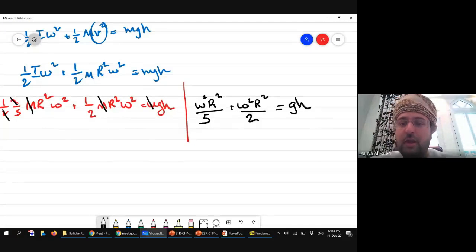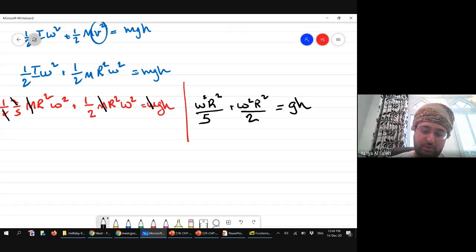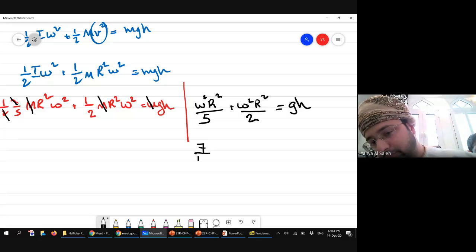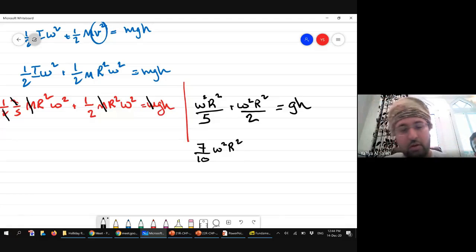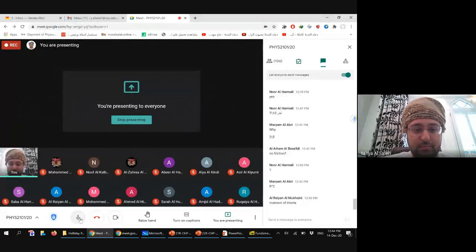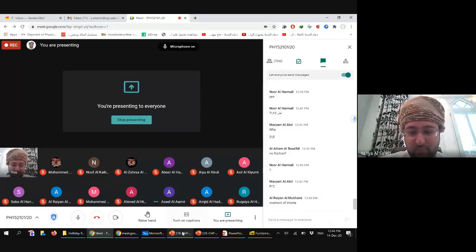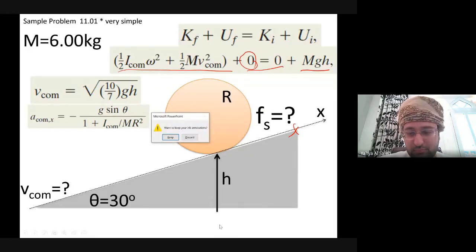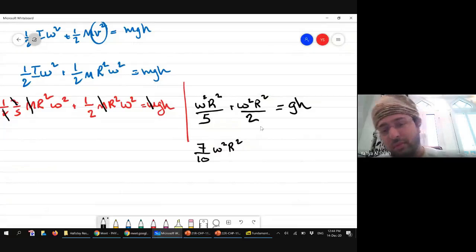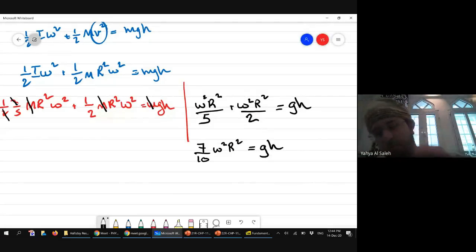Half plus 1/5 is 7/10. So 7/10 omega squared r squared is equal to gh.